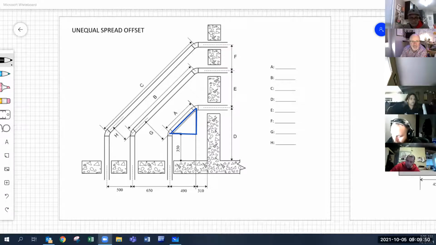So A, I have a run of 490 down here at the bottom. So A is equal to 490 multiplied by 1.414. That's 692.86.